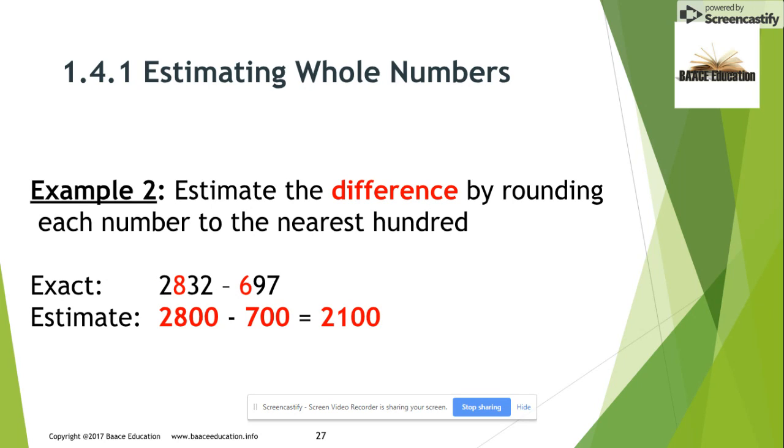So the following example, 2,832 minus 697, rounding to the nearest 100, to estimate is 2,800 minus 700, and we have 2,100.